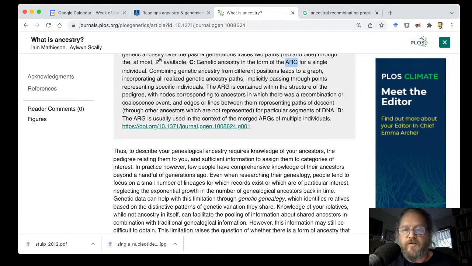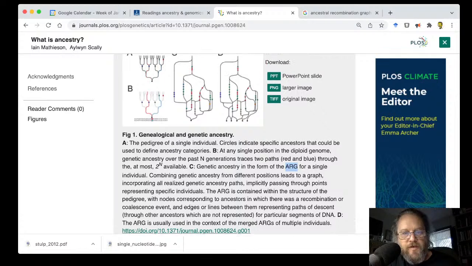What we're looking at here is an idealized pedigree. And then in B, we're basically looking at genetic ancestry. The different colors would be tracking different chunks of the genome that are shared by this individual with their parents, so red and blue, okay? And then obviously their parents had ancestry. You can track the genetics through as well, okay?